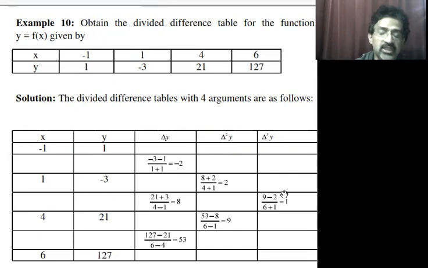Then only we say that they are equally spaced. When they are equally spaced, we use either Newton's forward difference formula or Newton's backward difference formula. When they are not equally spaced, we use Newton's divided difference formula or Lagrange's interpolation formula.